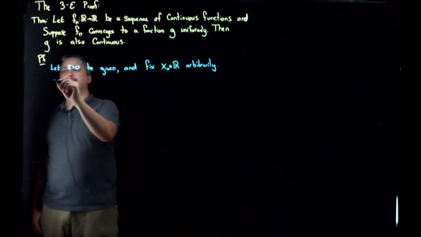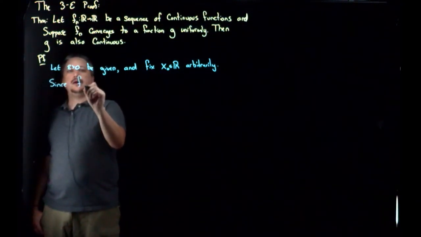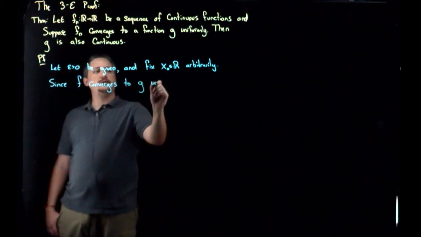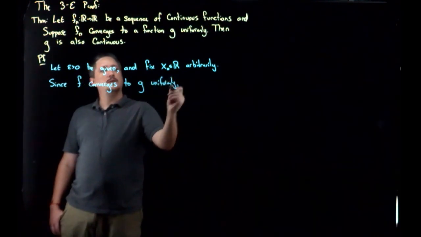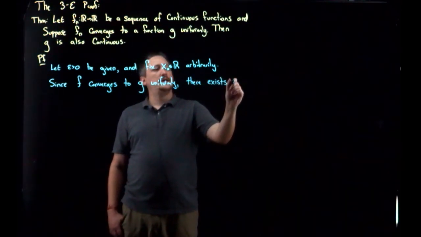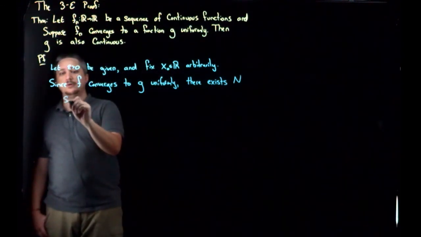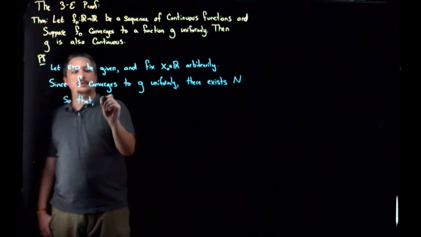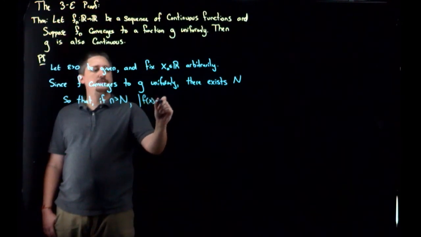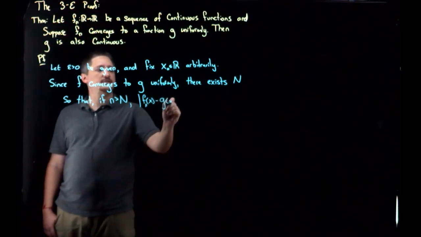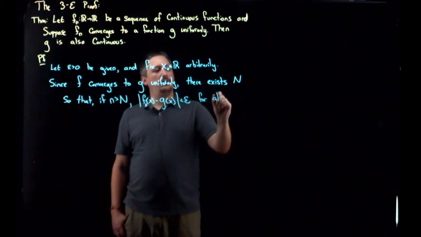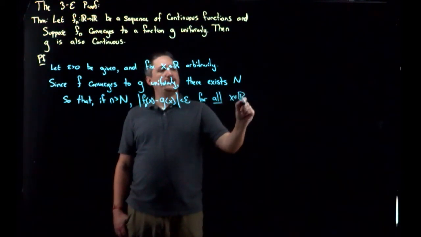So since f_n converges to g uniformly, there exists a capital N so that if little n is bigger than capital N, then |f_n(x) - g(x)| is less than epsilon for all x in R. So here I'm not using x naught yet.